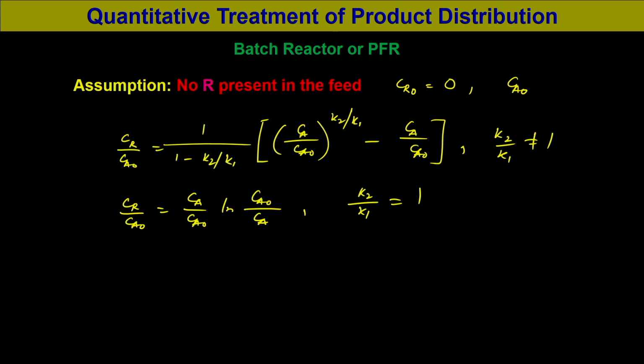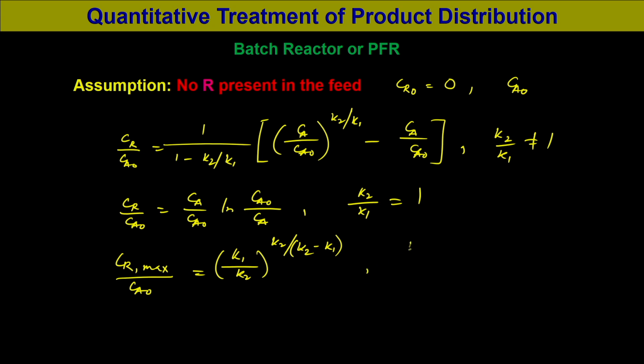Now, the maximum concentration we know how to obtain, which we have discussed earlier: just differentiate it and set it to 0. So, you will obtain Cr max by Ca naught would be equal to (K1 by K2) to the power K2 by (K2 minus K1).